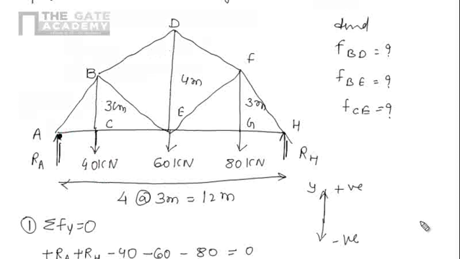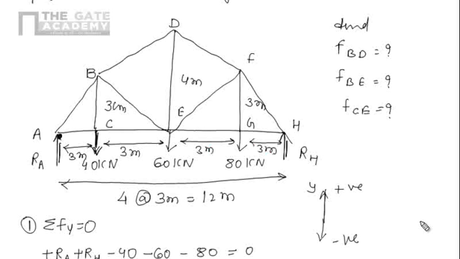Similarly, due to the 40 kilonewton, here we are saying this distance is 4 at the rate of 3 meter. So all these distances are 3 meter, 3 meter, 3 meter, 3 meter, and 3 meter.